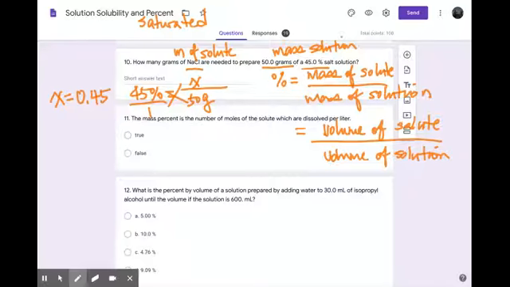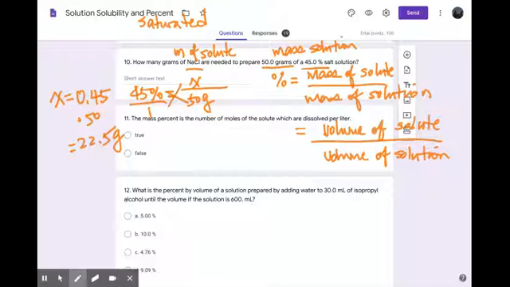Convert percentage to decimal, divide by 100; convert decimal to percentage, multiply by 100. 0.45 times 50 is 22.5. So it's 22.5 gram. Okay, that's number 10.